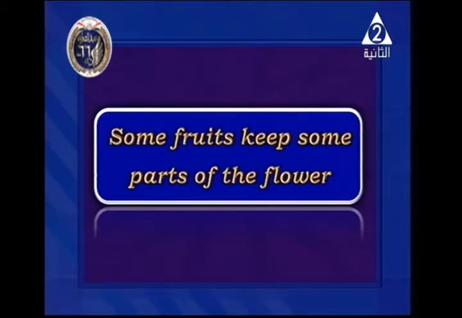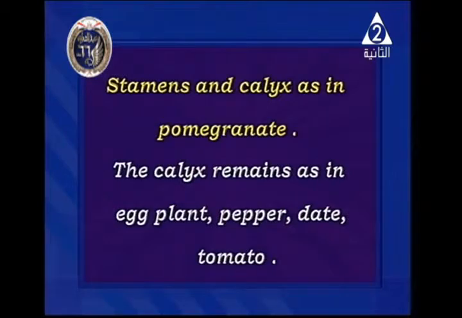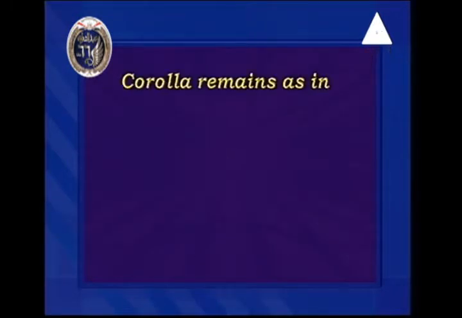Some fruits keep some parts of the flower, like what? Stamens and calyx, as in pomegranate, and also the calyx remains like in eggplant, pepper, dates, and also tomato. While the corolla remains as in marrow.